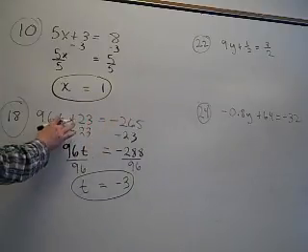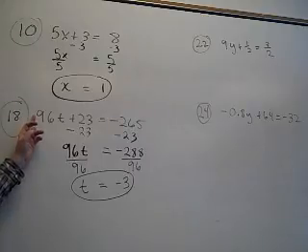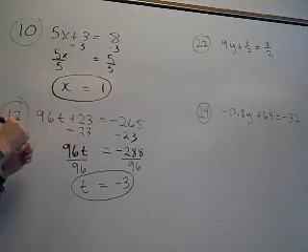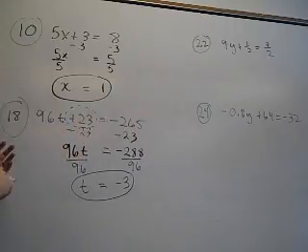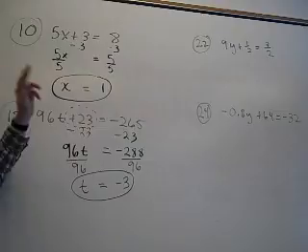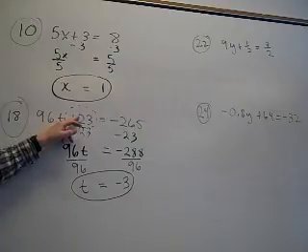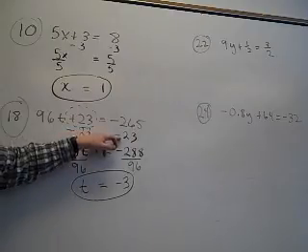So I know the t's are already on this side, so I want the numbers over here. That's the first thing I know. The second thing I know then is how do I get this. What's wrong with the picture? In other words, if I want all my t's here and all my numbers here, what's wrong with this picture? There's this 23, right? How do I get rid of a positive 23? I subtract 23. But if I subtract 23 here, I've got to subtract 23 here.